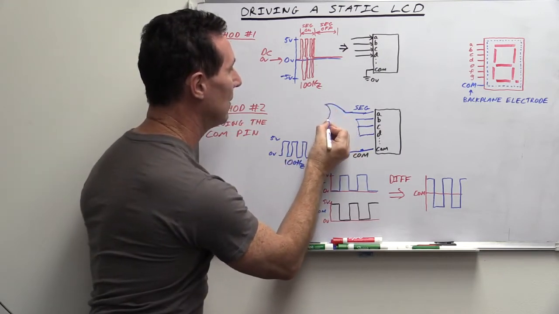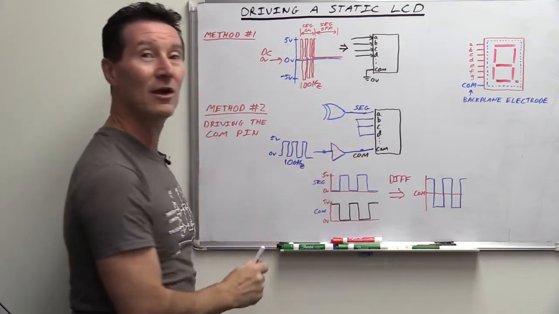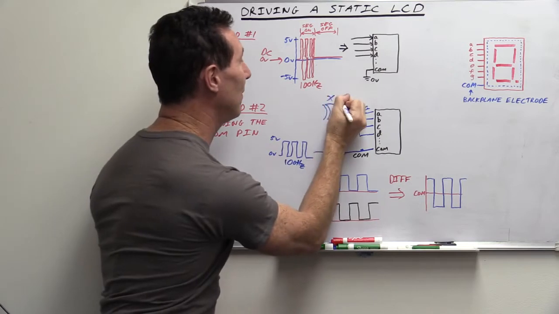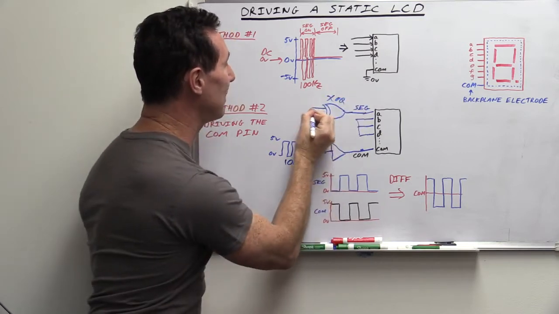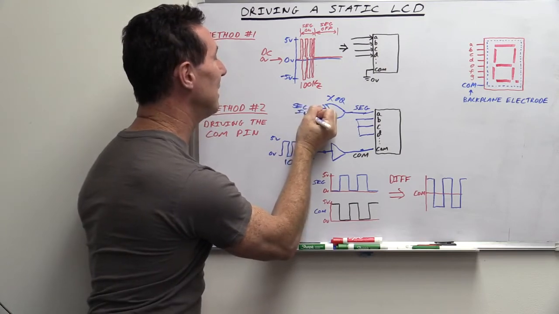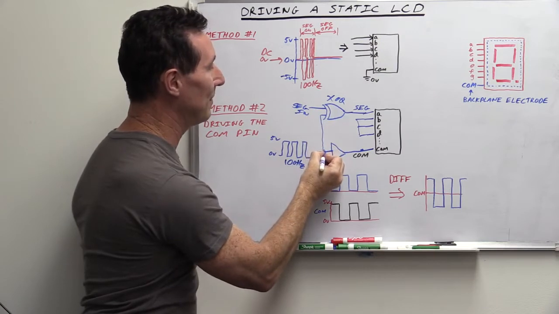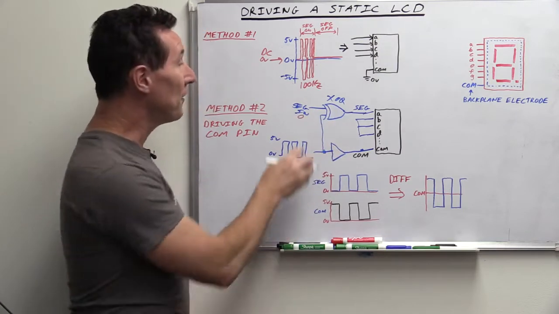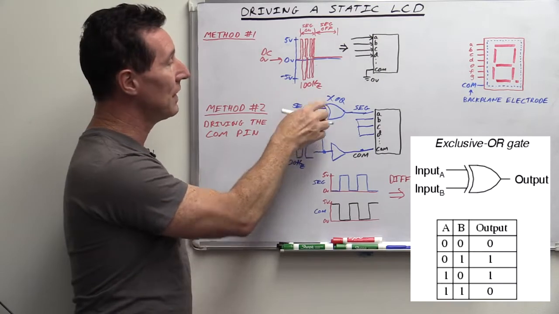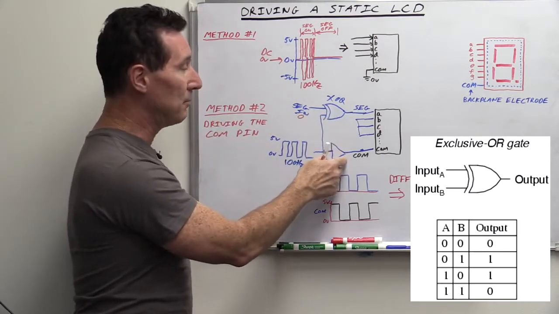Aha! That gives us a controlled inversion, your good old XOR exclusive OR gate. So this is your segment in, and this hooks up to here like this. So if you feed a logic 0 here, 0 volts into your XOR gate like this, it's going to work just like a buffer here.